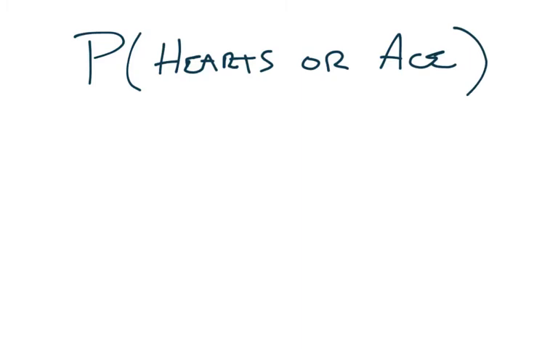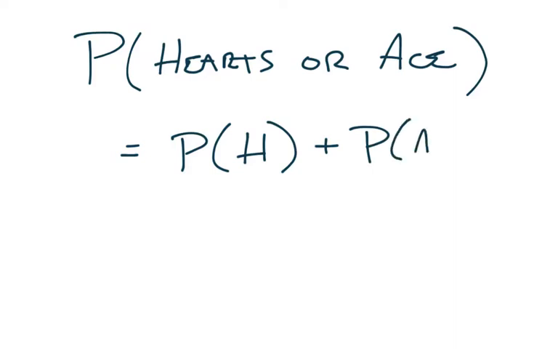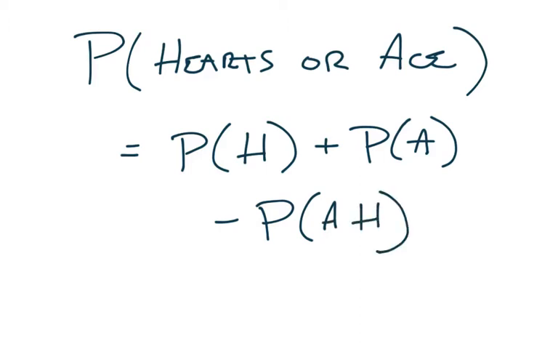What's the probability that it's a heart or it's an ace? The gist of this is that using our formula, you would look at the probability of hearts plus the probability of an ace. And now you have to be careful and say, what if I happen to draw the ace of hearts? I should subtract off the probability that I drew the ace of hearts itself.